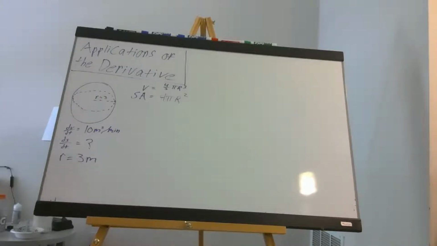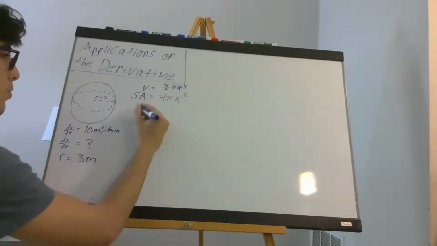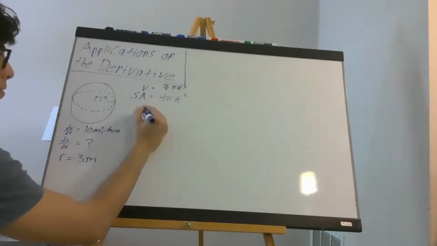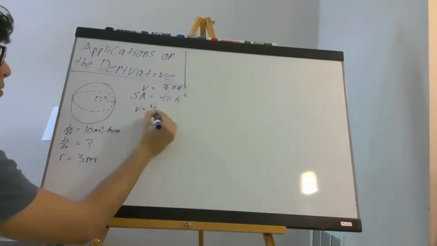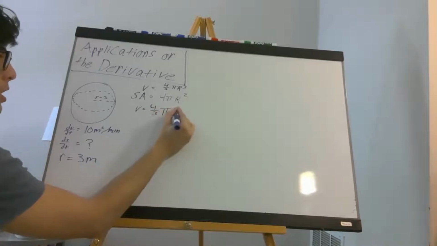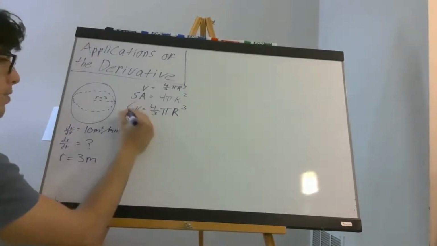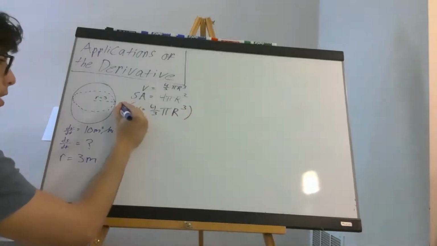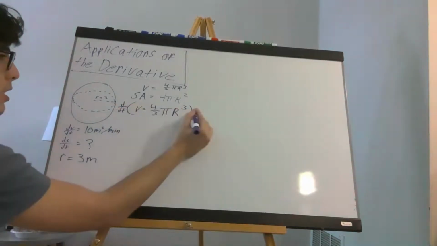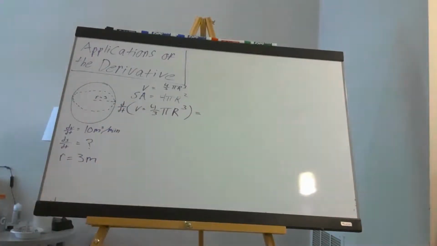So now let's think about this in terms of derivatives. So we've got dV dt equals 10 meters cubed per minute. So if we take V equals 4 over 3 times pi r cubed, and we differentiate this whole thing with regards to time, so we just say d dt. So now let's take the derivative of this.